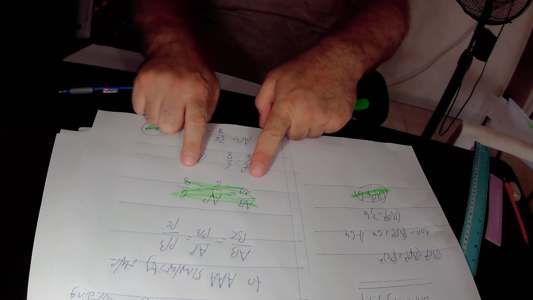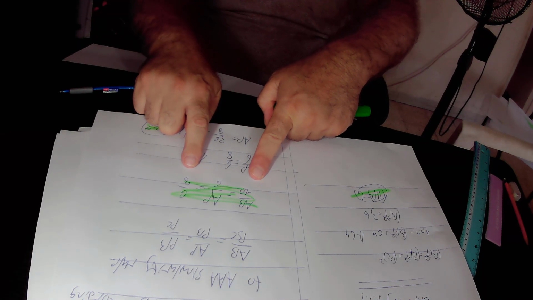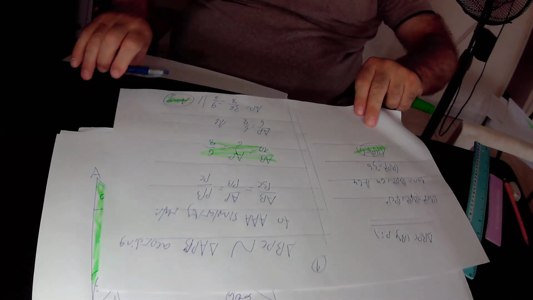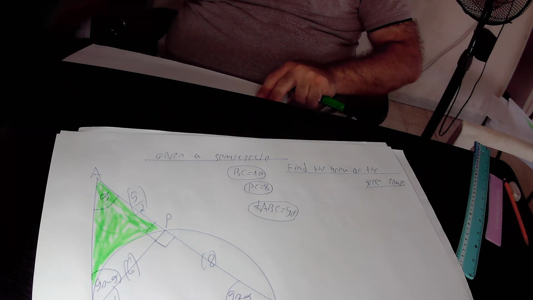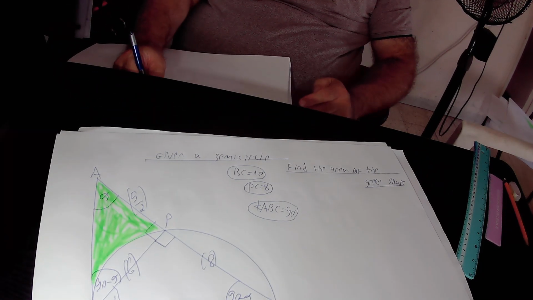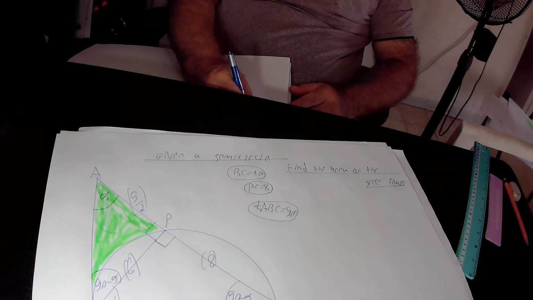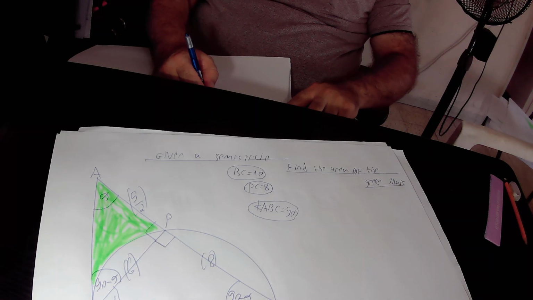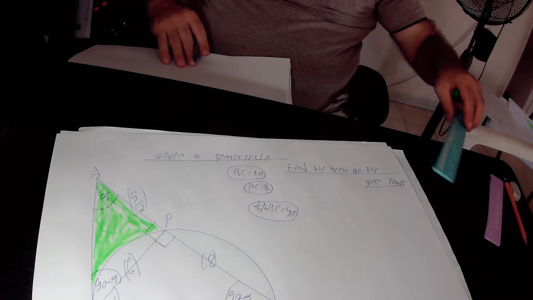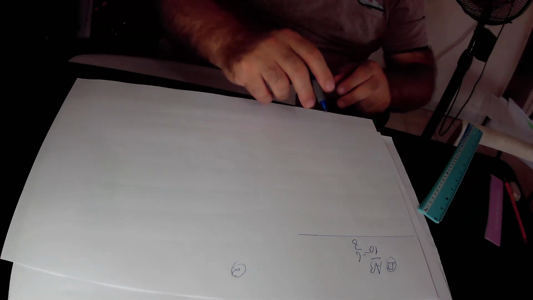Those two expressions are also equal to each other, so we get equation 2 from those two expressions. According to equation 2, AB over 10 equals 6/8.